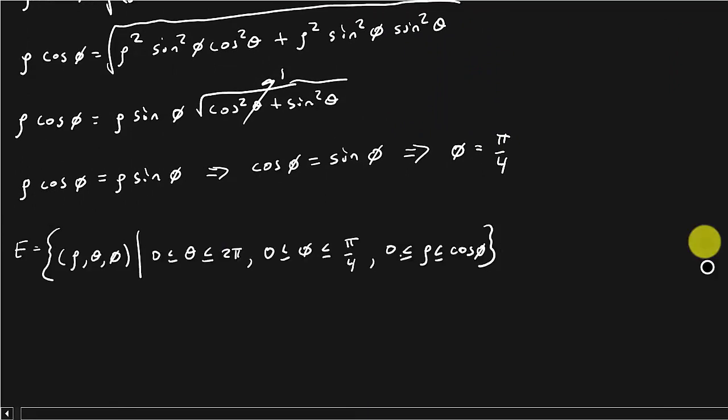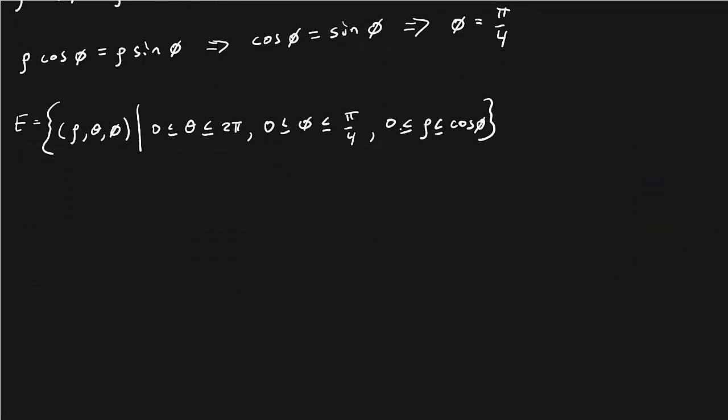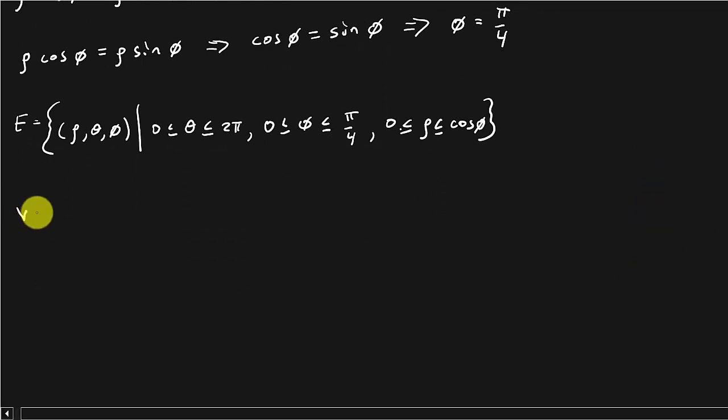All right, so there we go. So we've got the volume of E, which is the triple integral over the region E dV. Remember, when we're finding the volume, it's 1 times dV.